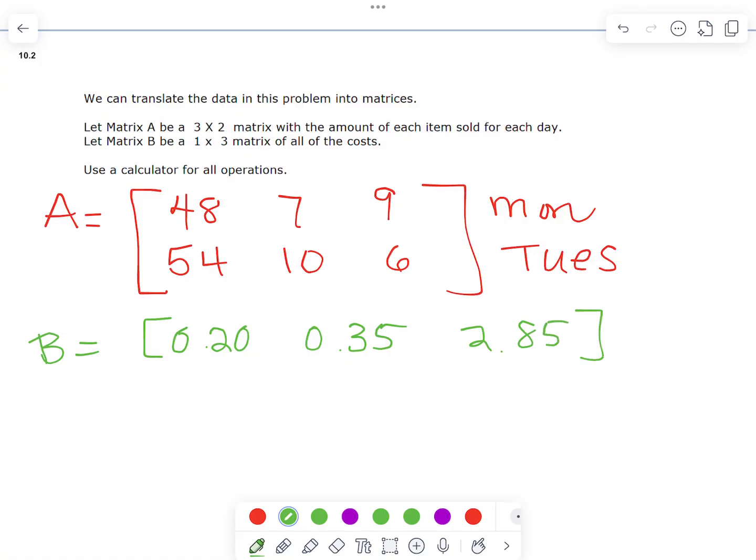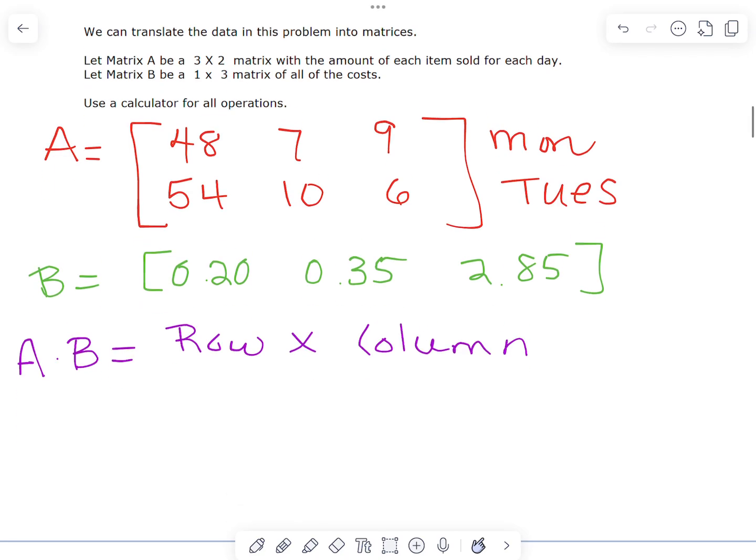And what we're going to do is multiply A times B. So we're going to do the row times column. I'm just going to do this for Monday.